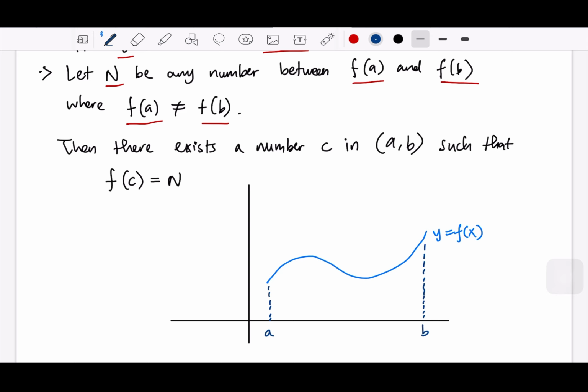And of course, f(a) is not equal to f(b). So this is f(a). This is f(b). So there will be some number, maybe n here. That is, if you look at this graph, it will have some c on the x-axis, like that.